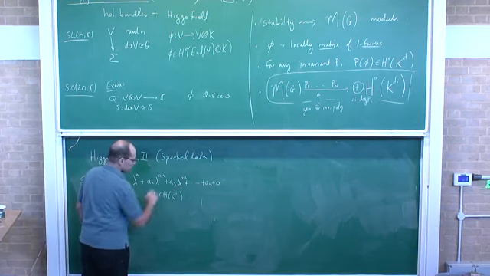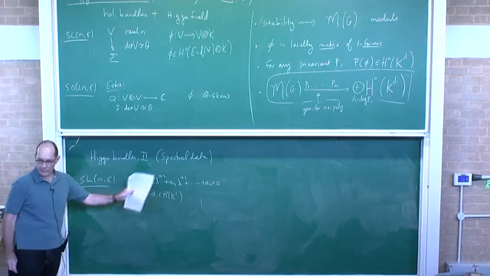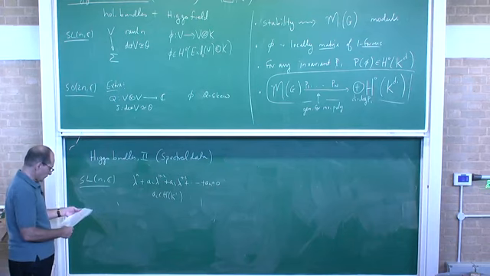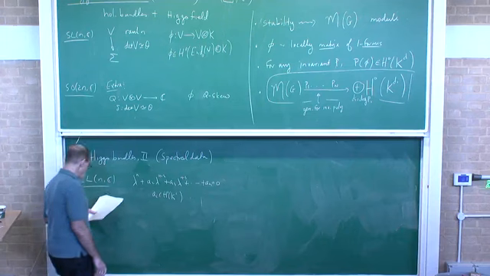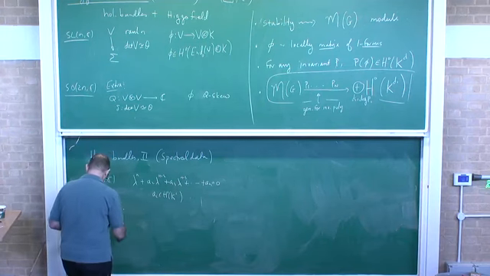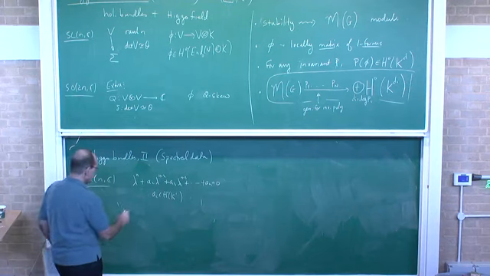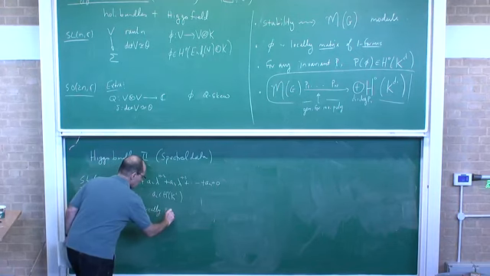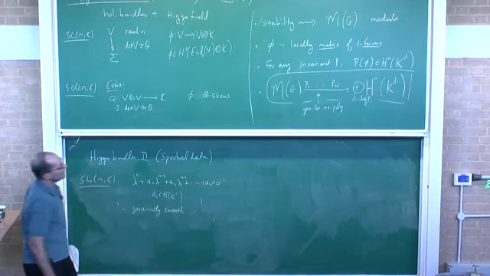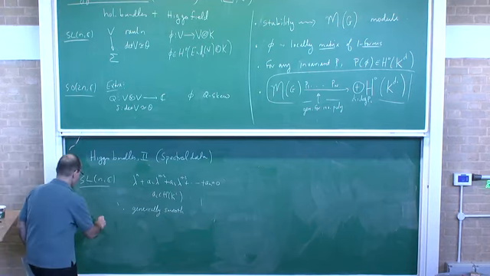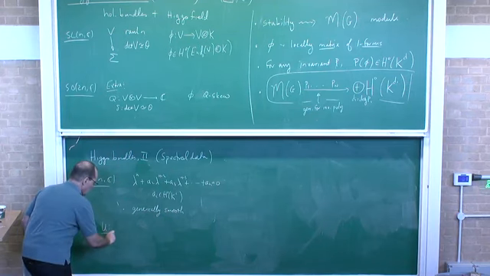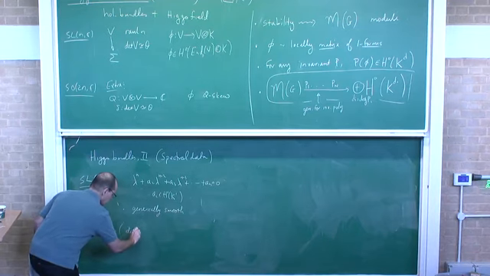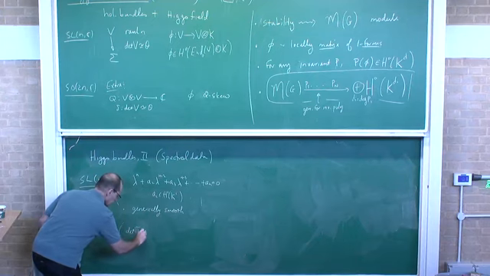For generic choices of these, so these are now coordinates in the base of the Hitchin fibration, generically the curve will be smooth, but not always. So there will be a singular locus. This, let's just say, generically smooth. And the constraint on the line bundle U is determined by the requirement that its determinant has to be trivial.